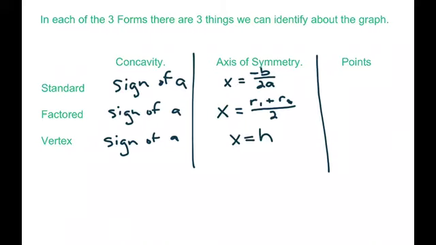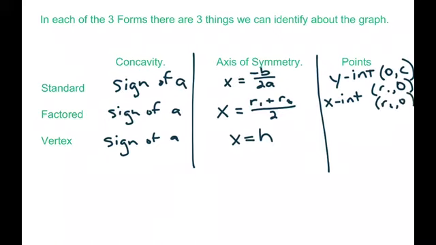Okay, from standard form, we found today that we could find our y-intercept, and that's always going to be in the form 0, c. And on factored form, we can find our x-intercepts. We can find our x-intercepts, and those are going to be in the form r1, 0, and r2, 0.